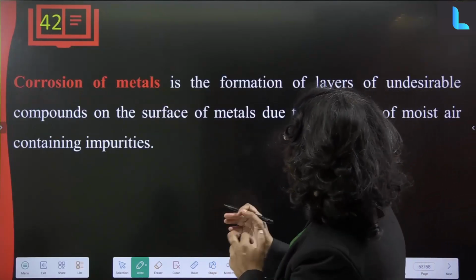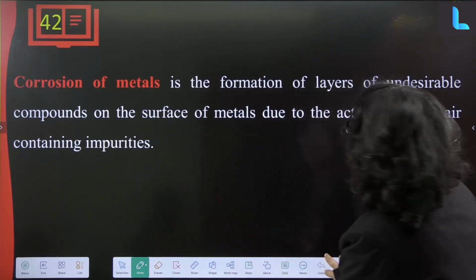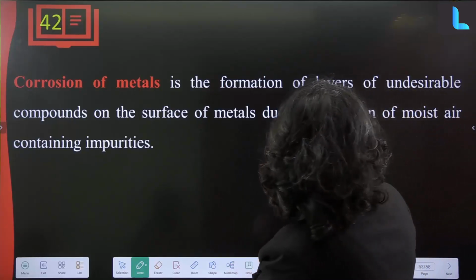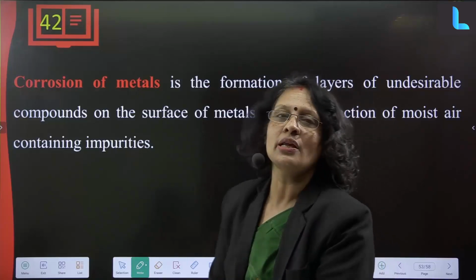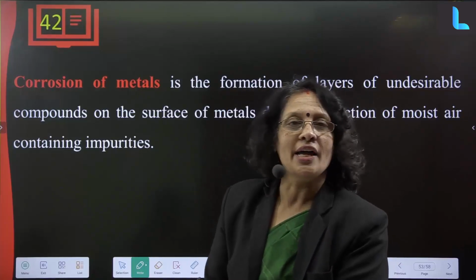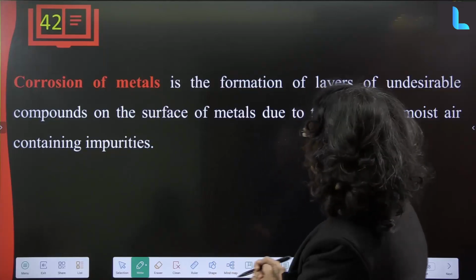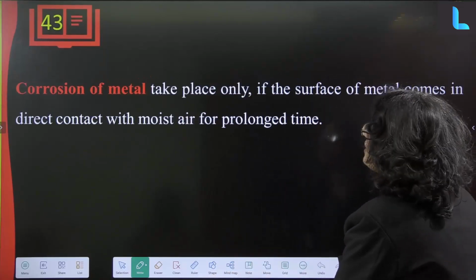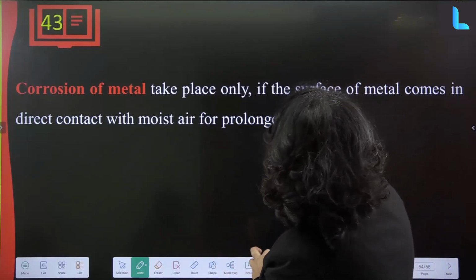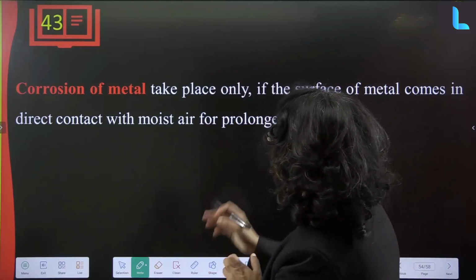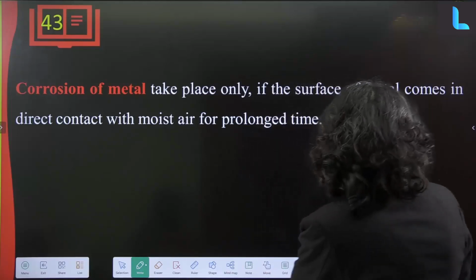So, corrosion. What is corrosion? The formation of layers of undesirable compound on the surface of metal due to the action of moist air containing impurities. Iron undergoes rusting in the presence of moist air or water; that is called corrosion of metals. Corrosion of metal takes place only if the surface of the metal comes in direct contact with moist air for a prolonged time.